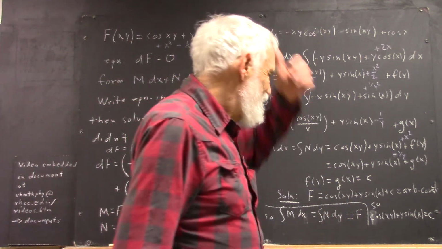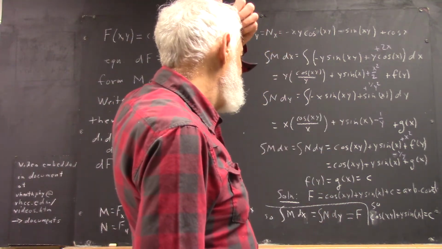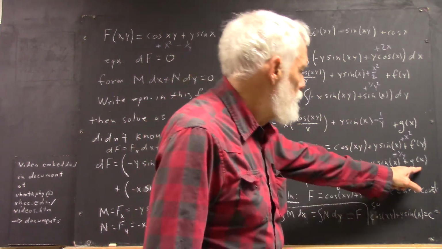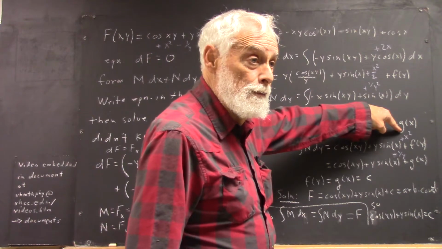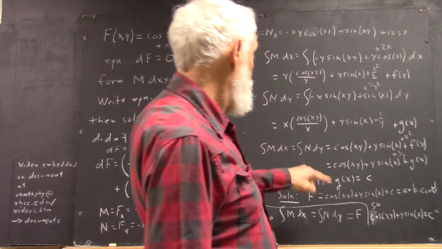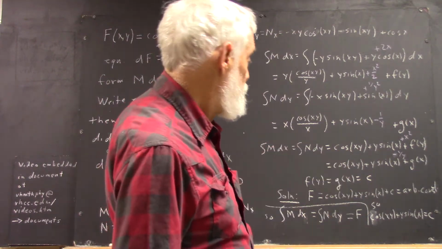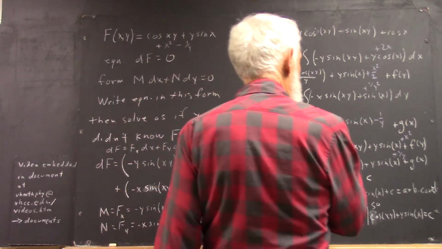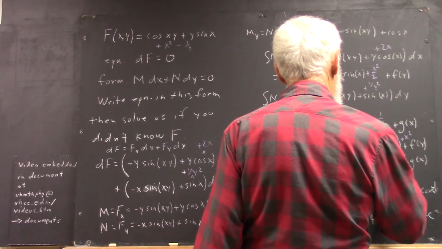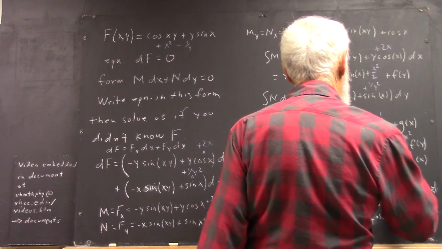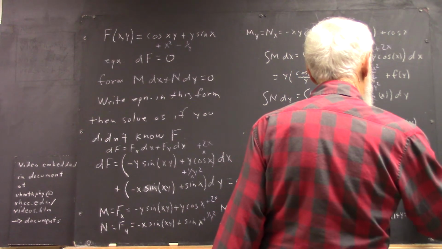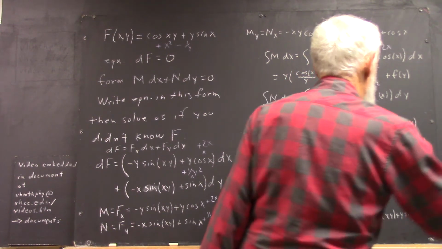So this tells us that we can only reconcile these if g of x is that x squared and f of y is that negative 1 over y. So now we can't say that f of x equals g of x equals c. We have to say that f of y has to be negative 1 over y, and g of x has to be x squared.